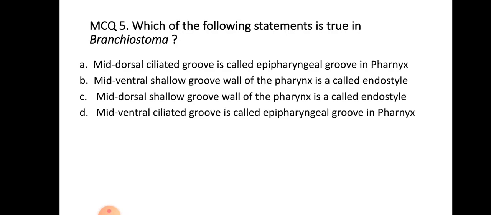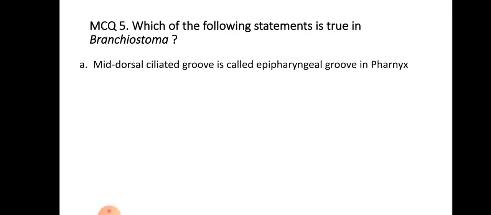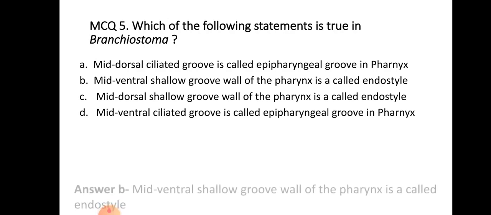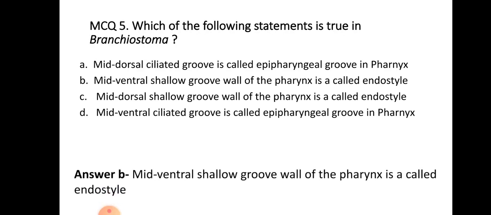The last one also reads mid-ventral ciliated groove is called epipharyngeal groove in pharynx, and the right answer is: the mid-ventral shallow groove wall of the pharynx is called endostyle.